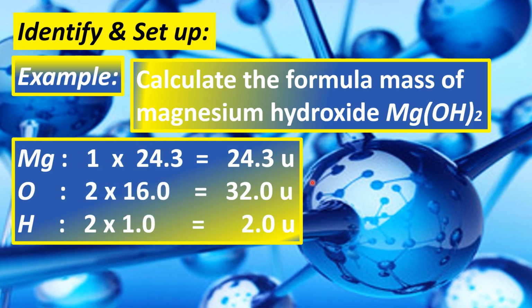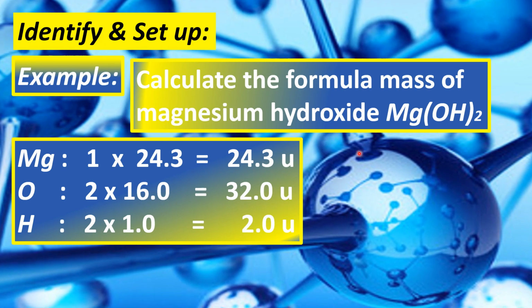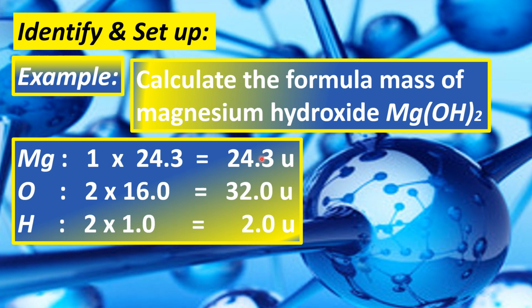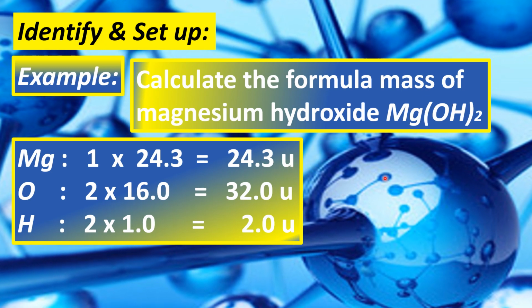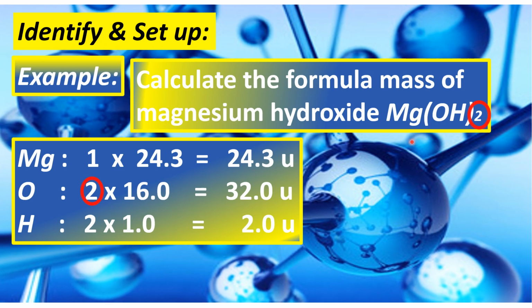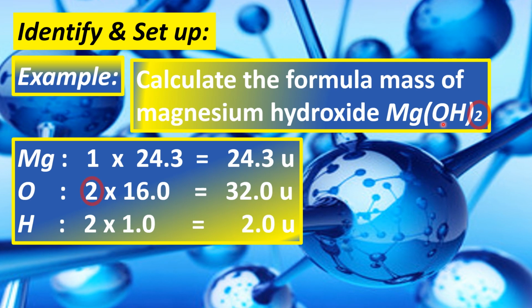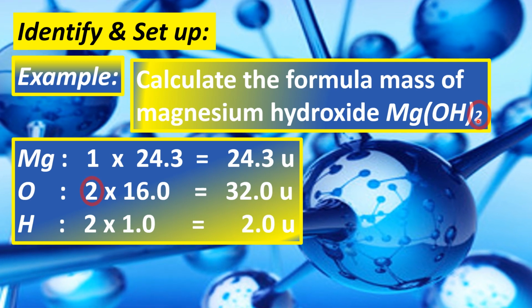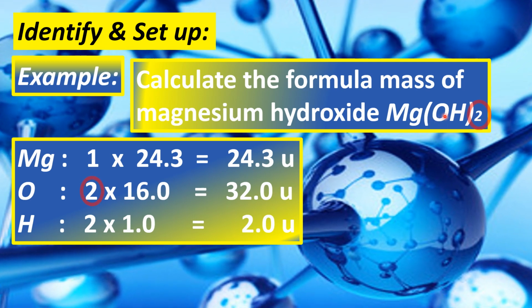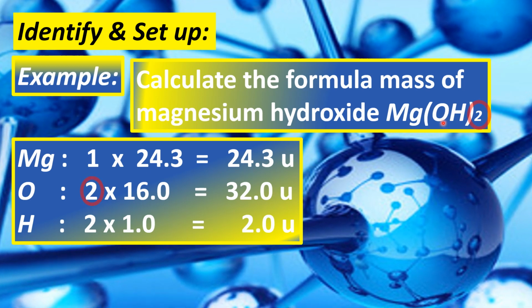Each magnesium atom has an atomic mass of 24.3 atomic mass units, U. Oxygen is inside the parentheses with the subscript 2. That means we have to multiply 2 by 1. It's understood inside the parentheses that there's only one oxygen atom.